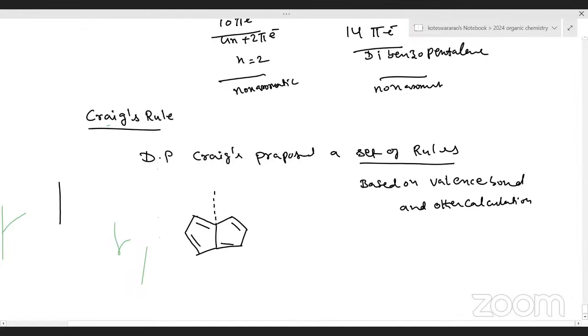This axis will divide the molecule into two equal arms. Now, at least two pi centers on the symmetry axis: one of the pi centers here and one of the pi centers here on the axis.